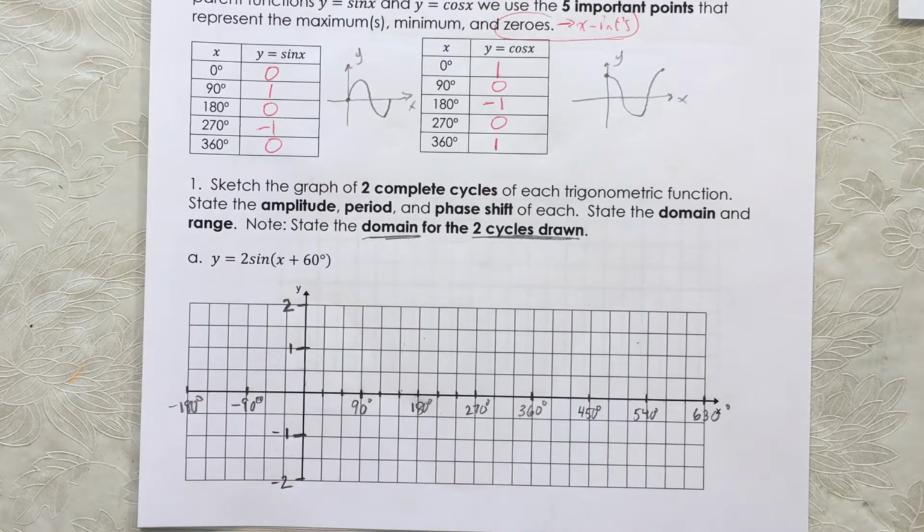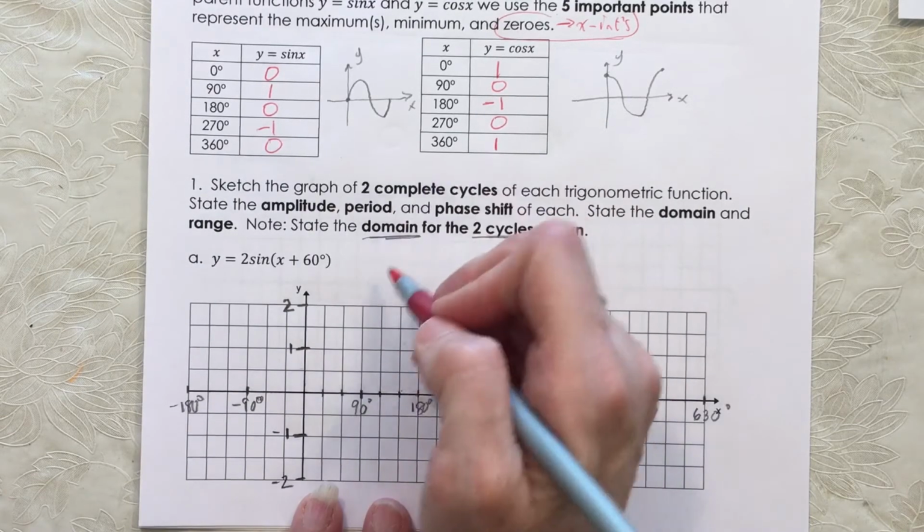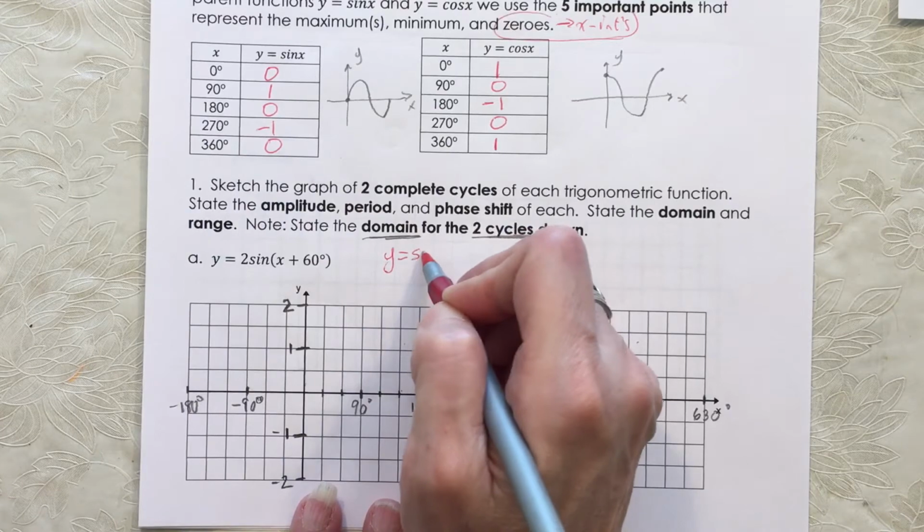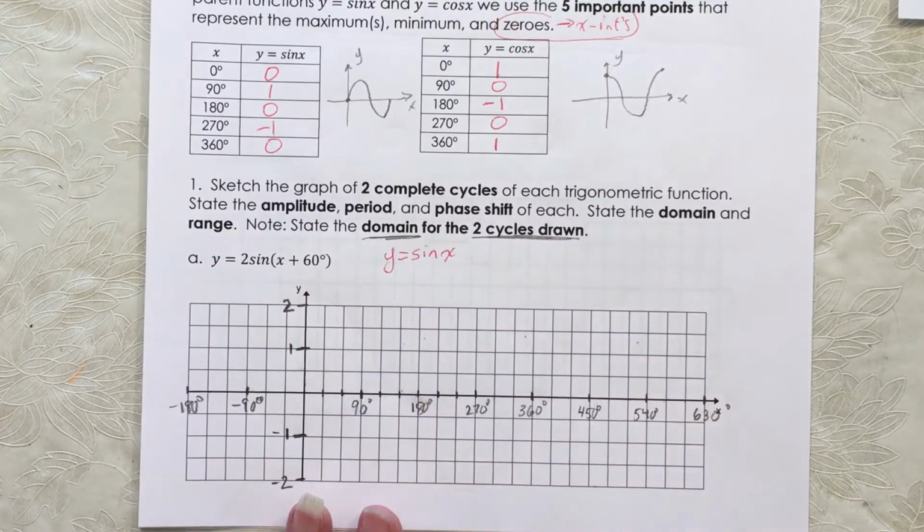Second step is to draw 1 cycle of the parent. I'm going to use the strategy again of drawing the parent in our permanent color, pencil crayon, and then do our new one with transformations in pencil so that if we make a mistake, we can erase it easily. So we're going to draw our parent function for sine. My parent function for sine is just plain y equals sine of x.